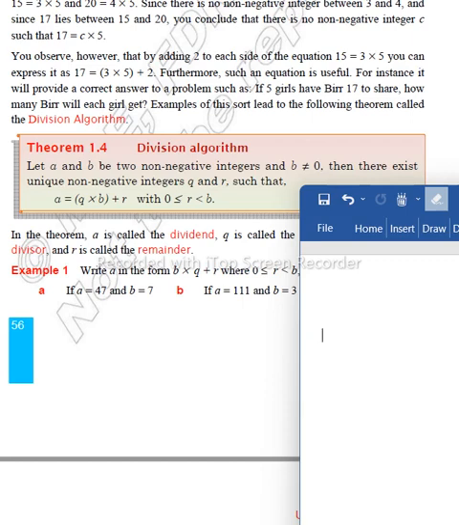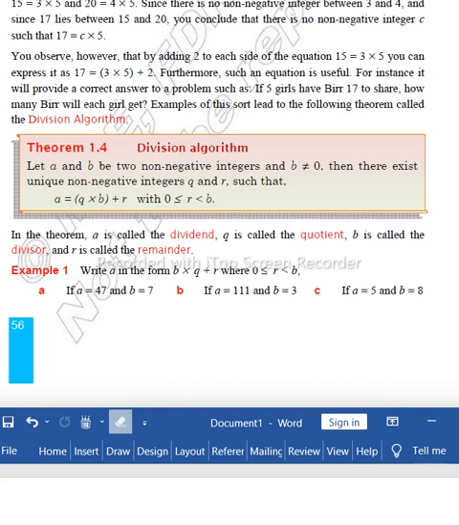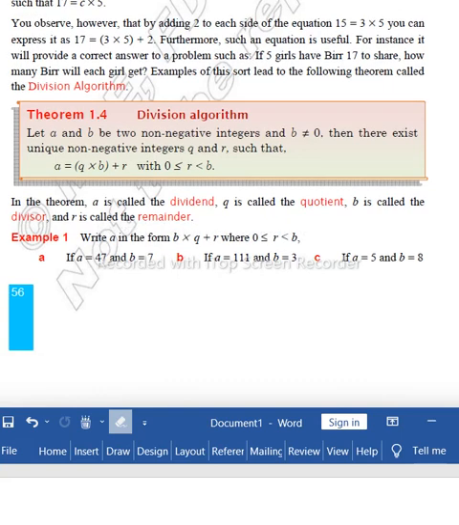This theorem is called the division algorithm. We will see this with examples.